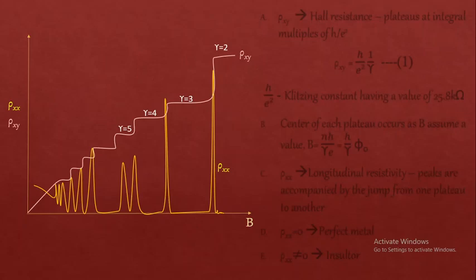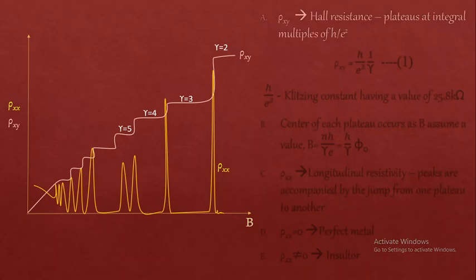The yellow-colored peaks are with respect to rho xx, the longitudinal resistivity. So this is the general nature of the graph for resistivity as a function of magnetic field when you consider the quantum Hall effect. Both Hall resistivity rho xy and longitudinal resistivity rho xx exhibit very interesting behavior. So based on some formula, let us understand it.